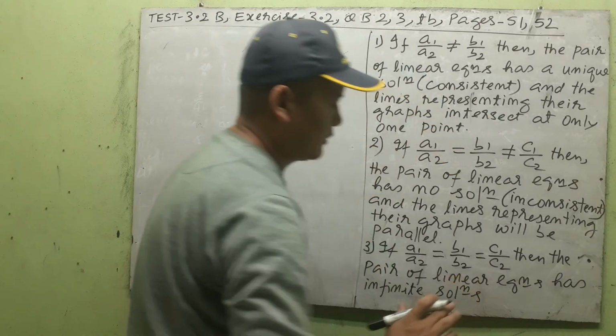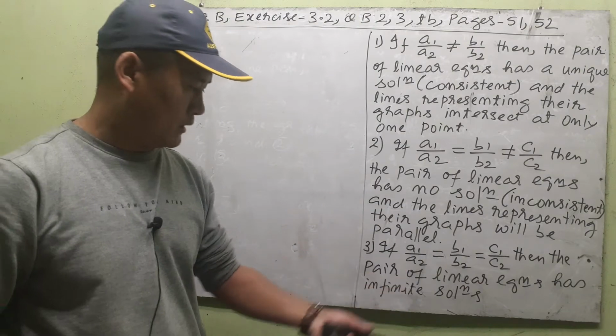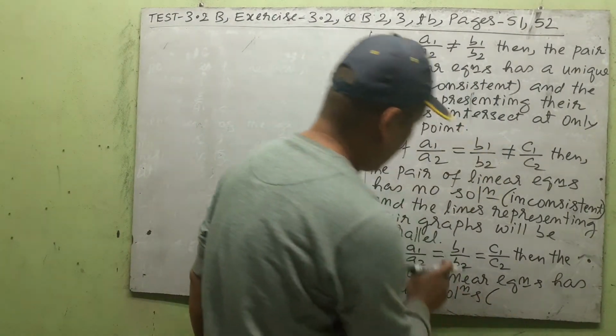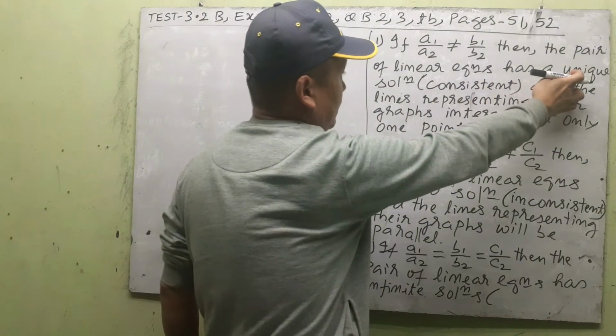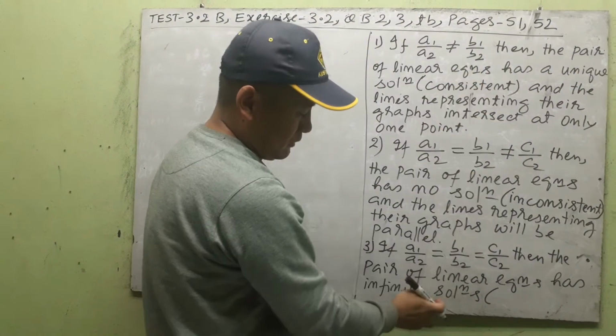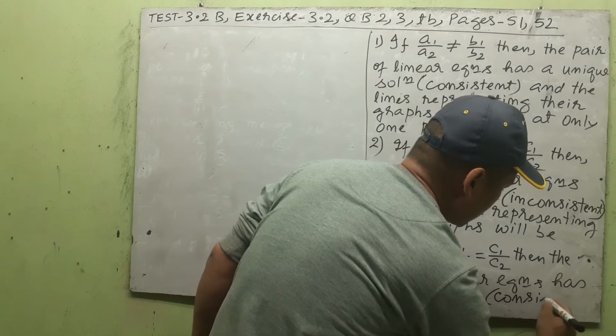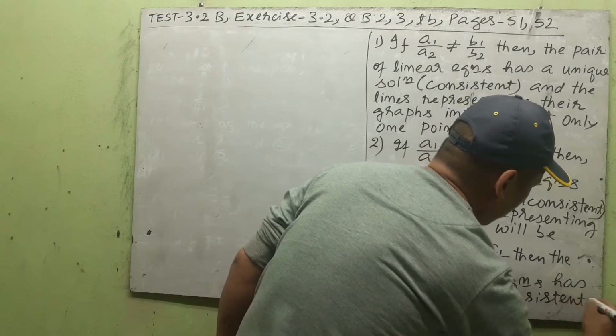And so many values of x and y will come out, countless solutions. That means they have solution. Here also they have unique, means one solution, so consistent. Here are many solutions, so as long as there is solution, we call it as consistent. Okay, consistent.